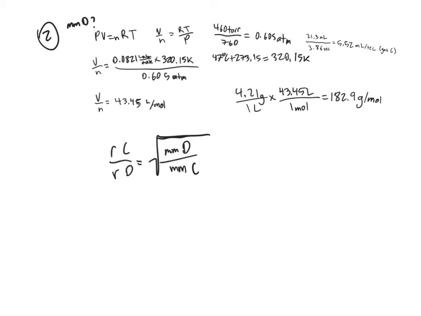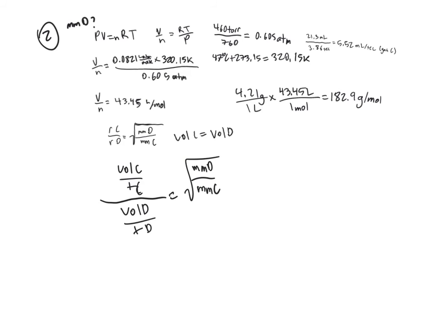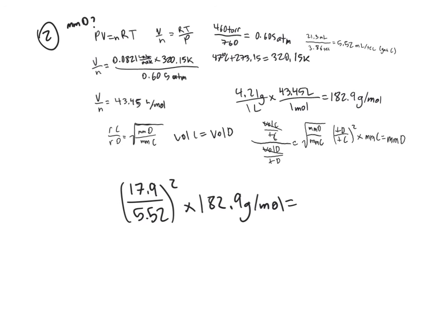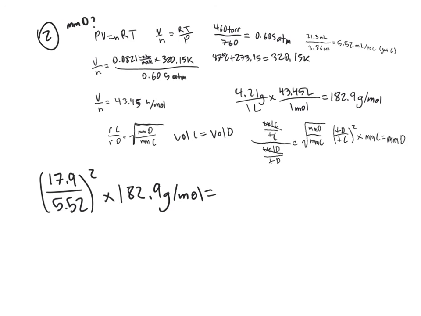Now it says gas D is under the same conditions, so we can assume volume C equals volume D, so we can cancel those out, and that leaves us with, for algebra, time D over time C, squared, times molar mass C equals molar mass D, and that means 17.9 over 5.52, all that squared, times 182.9 grams per mole equals the molar mass of D, which is 1,920 grams per mole.